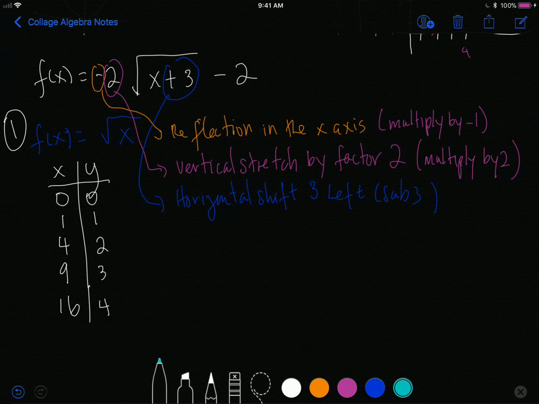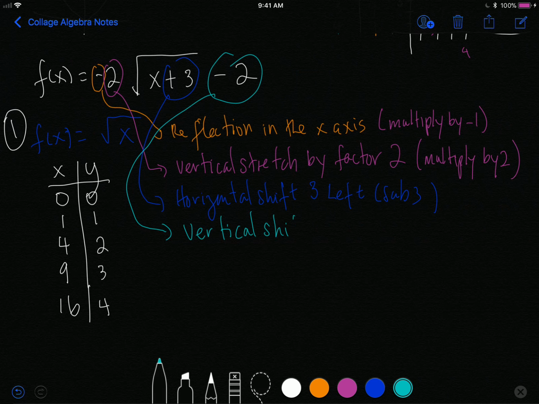And then the -2, that is a vertical shift. And that's going to be 2 units down. So I'm going to subtract 2, but from my y values. So this one is y, this one is y, this one is y, and only the horizontal shift is x.